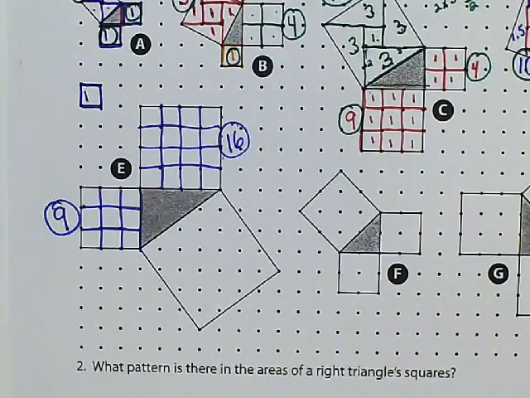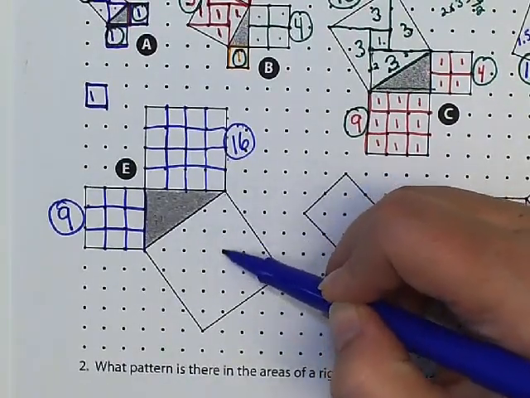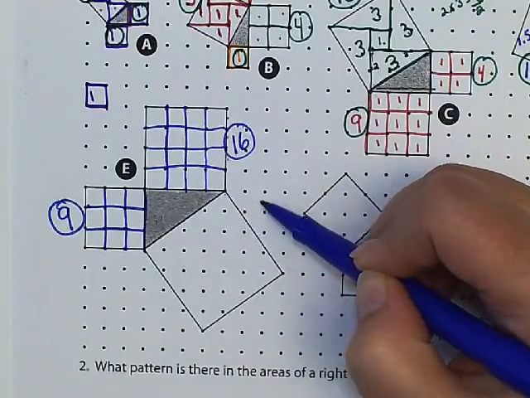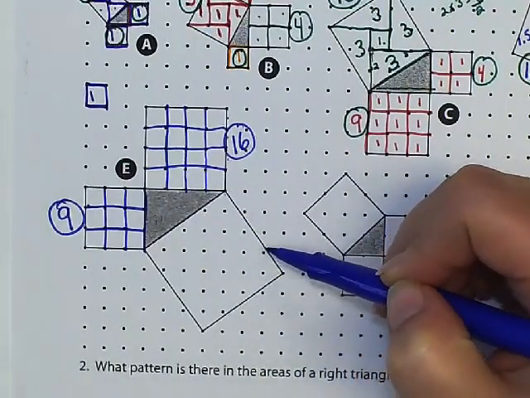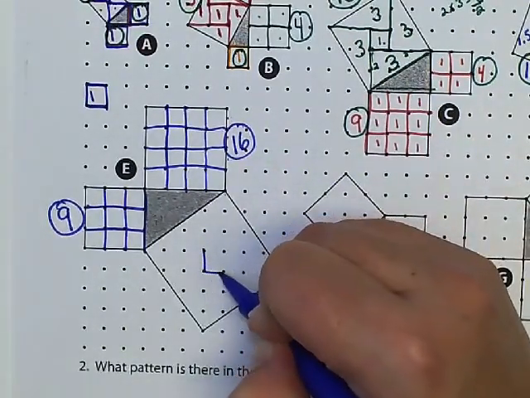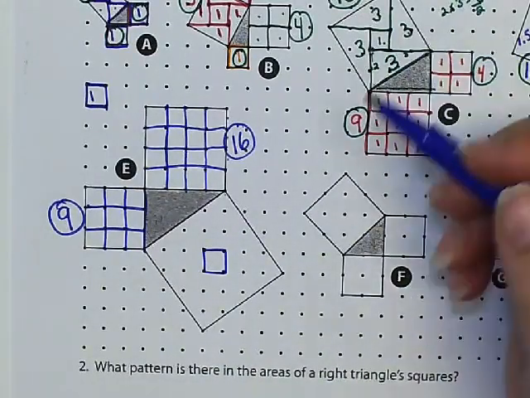So let's look at it carefully. I'm going to make a little square in the middle, right here. Okay, I know these get to be a little challenging.